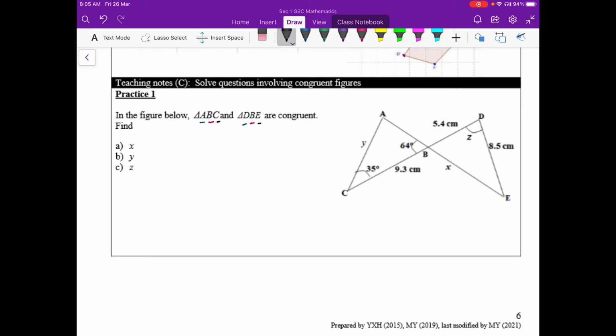They are corresponding. So if I want to find the angle Y, I look in the diagram. Y will be my BE. I want to find part A, the length of X. X will be our BE. Then I check back to the question: does BE appear anywhere? Oh yes, it is found here.